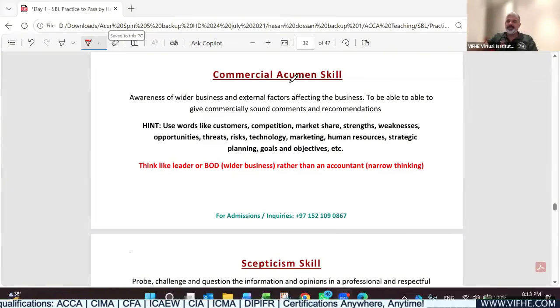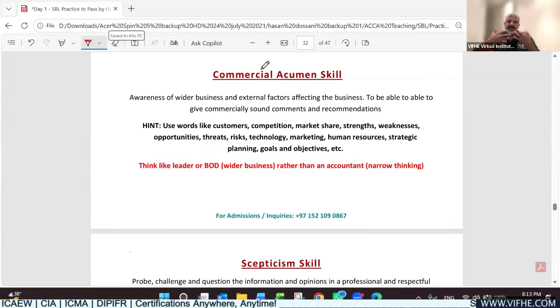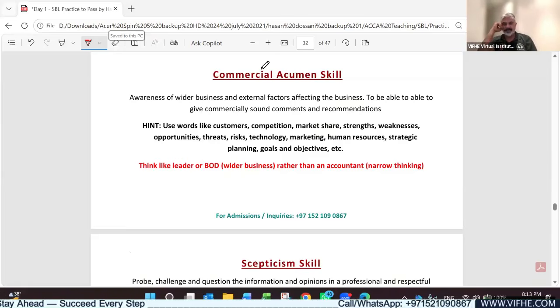So, first of all, do you know the meaning of commercial acumen? What does it mean actually? Commercial acumen means that you should have some basic business sense. You should have some basic business understanding.